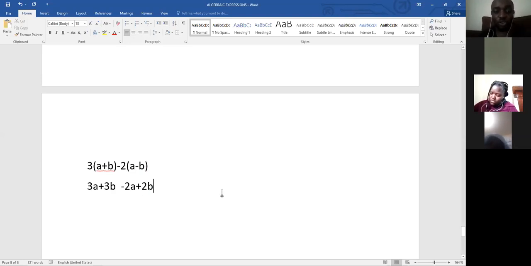In your calculator there at home, you can say negative 2 multiplied by negative B. What is supposed to give you? A negative times a negative is supposed to give you a positive answer.